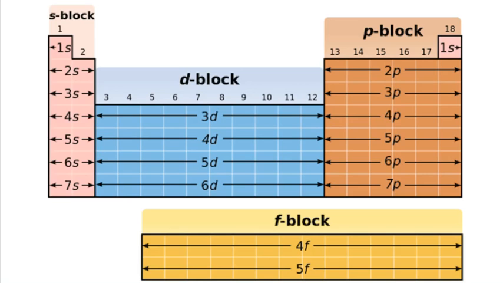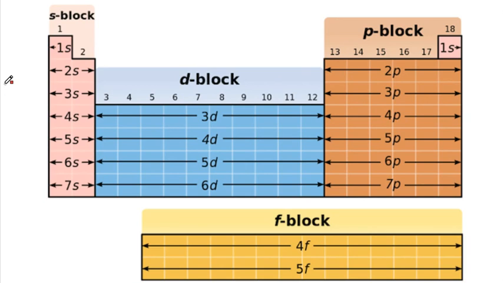I want to point out a couple of things on this periodic table before we go on and look at our examples. The first thing is that with the S block and the P block, the energy level connected with the S and P block corresponds to the exact same period or row of the periodic table.